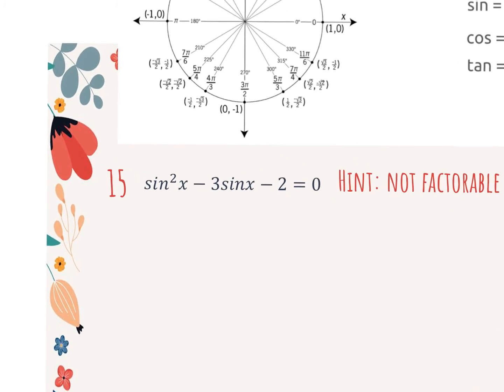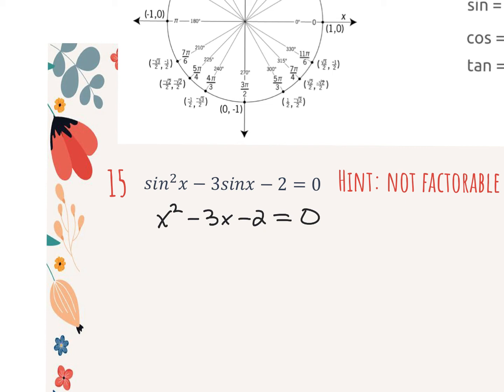So here, this trinomial, if we want to go ahead and look at it as x squared minus 3x minus 2, there are no factors of -2 that will give me -3. If that were a +2, I could factor it. So because this is not factorable, I need to use quadratic formula.